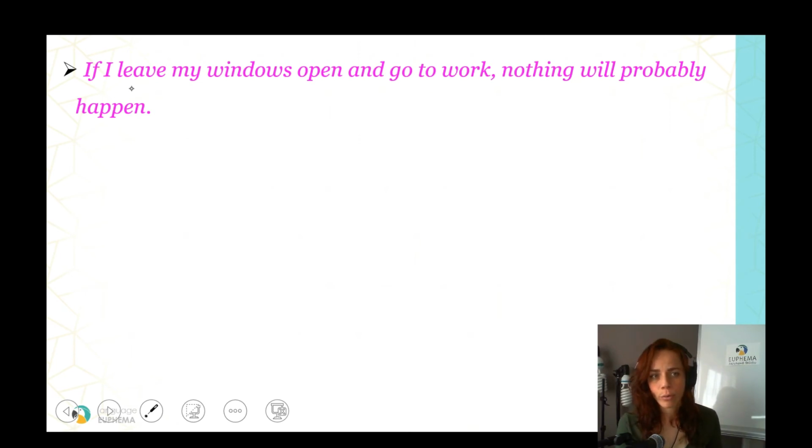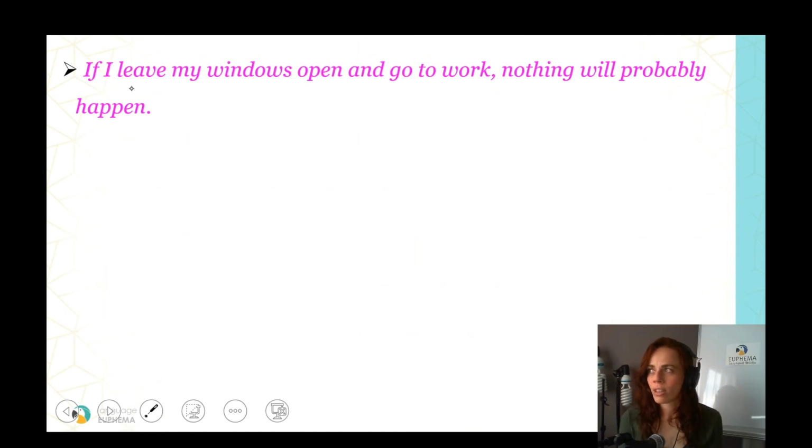And now why I said that. If I leave my windows open and go to work, nothing will probably happen. Yeah, as I said before, I live in an apartment on the 6th floor, the top floor. So there is no immediate danger, nothing or no one should be able to get into my flat.